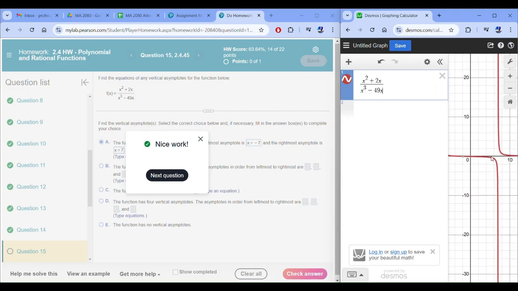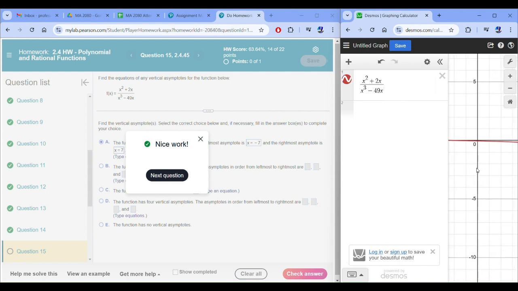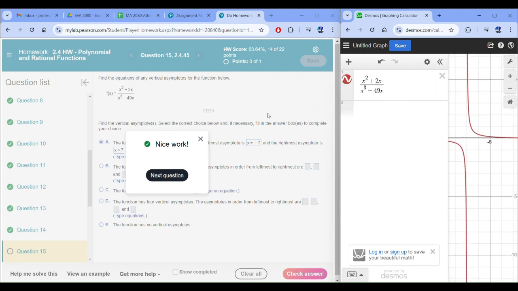If you're not sure where it is, you can zoom in and figure out, well, this is 7.1, this is 6.6, what number do you think they're going to come into? And same thing over here, if you factor that, x squared minus 49, hopefully that makes sense.